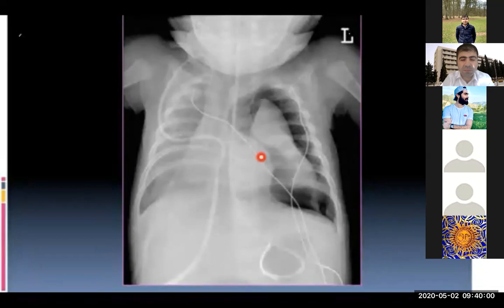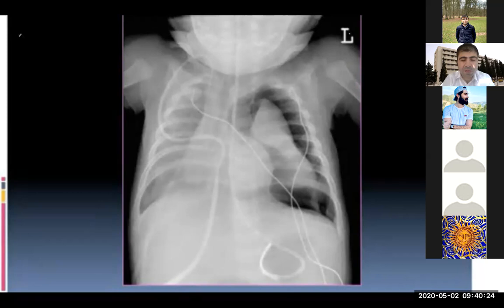There is a consolidation in the field, completely on the right side, and also a consolidative lesion on the left side, showing some darkening of the field on the left side as well. Okay.